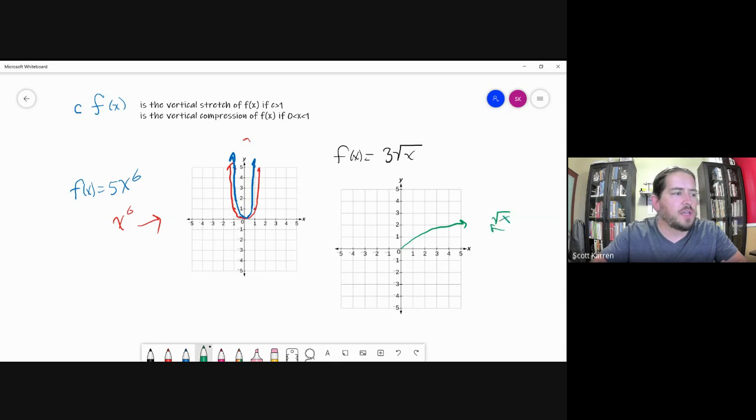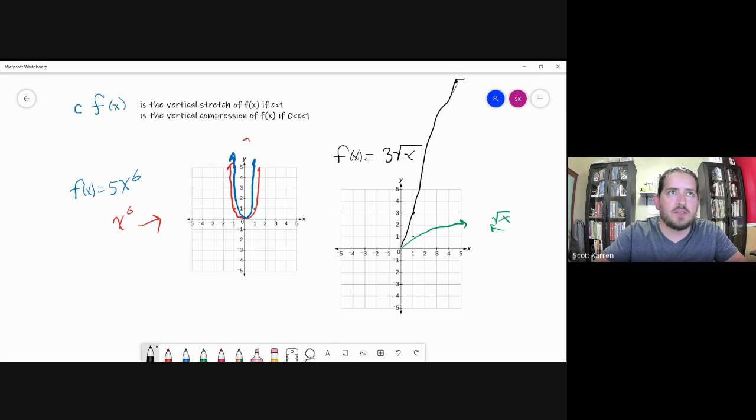But if I'm multiplying everything by 3, then to graph this, instead of being at 1 here, I'm at 3. When x is 4, I get to 2, because the square root of 4 is 2. But I have to multiply that by 3, so I'm way up here at 6. Way up there, right? And so this thing gets really stretched out.